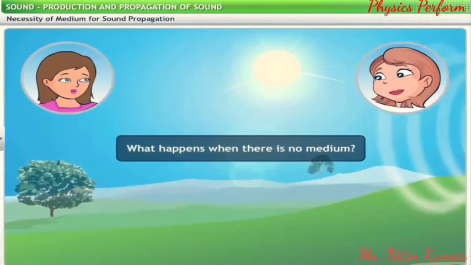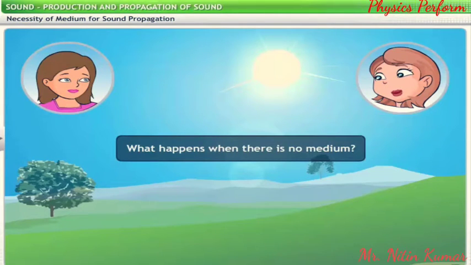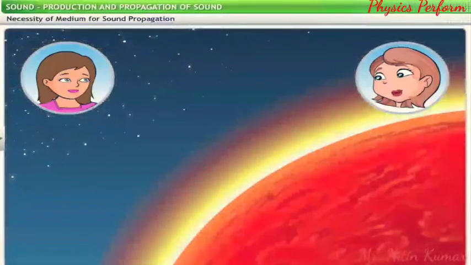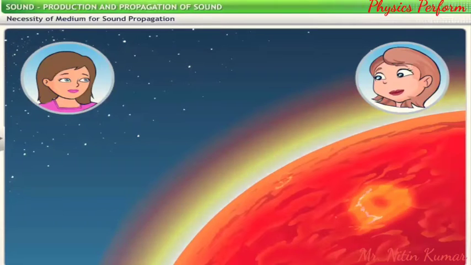But then, what happens when there is no air or no other medium? What happens to a sound produced in such a situation? Sound cannot travel in the absence of a medium. We know that the sun is a huge ball of fire.